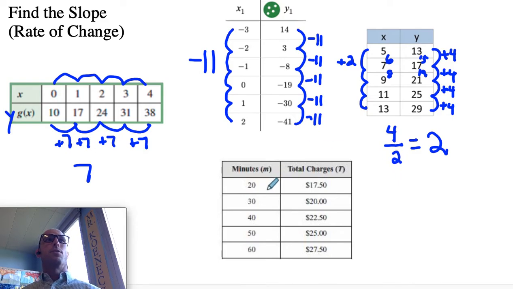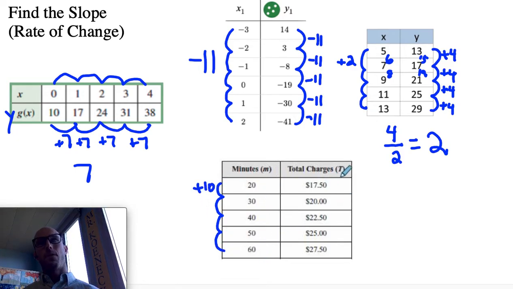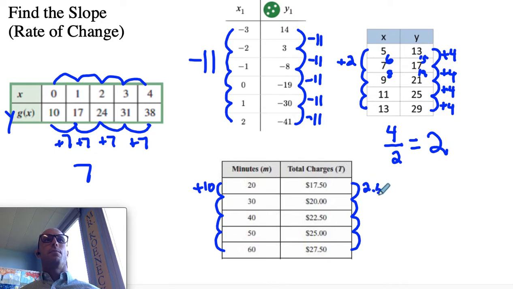All right, so I'm going to look at this one right away. Oh, yeah. We're going to have to be careful here because this is increasing by 10. Okay, 10 every time. Let's find this rate of change here. Oh, let's see. This is $2.50, and then, yep, 250, 250, 250.